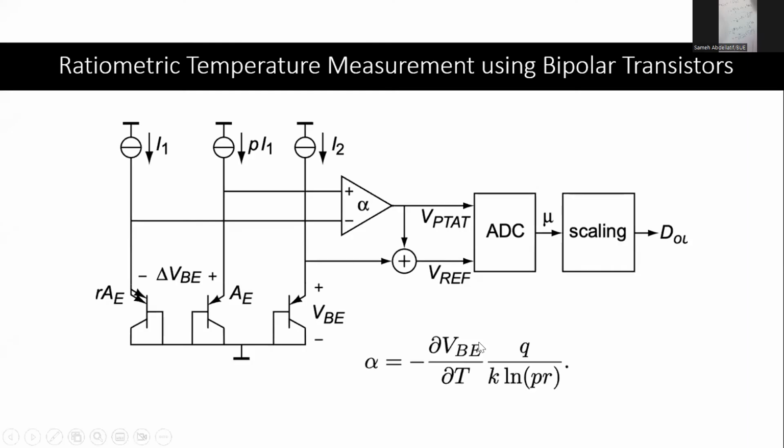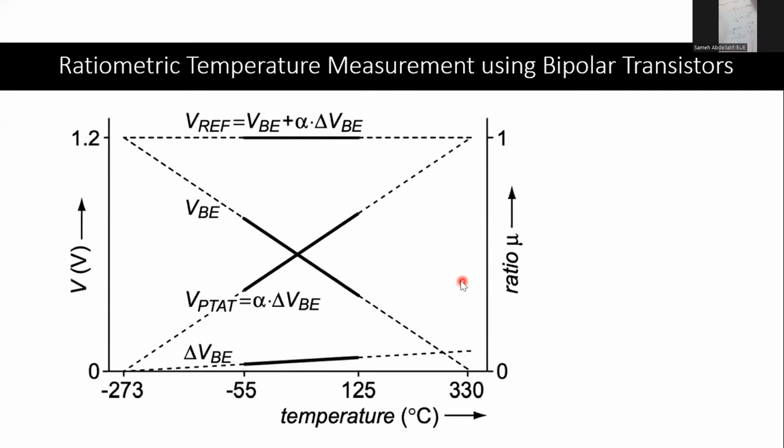By inserting alpha equal to this factor, minus partial VPE by partial T, Q, K, ln PR, you can guarantee that your reference voltage is now temperature independent. You can see this using a graph, and I think this is a very useful graph. As you can see, this is VPE versus T.